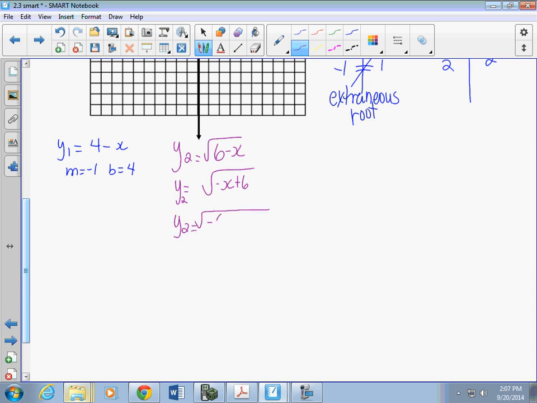So that becomes negative times x minus 6. It would be no different than if I had 2x plus 6, I'd have to factor out the 2 to get 2 times x plus 3. So if I take a look at this, my a value is equal to 1. My b value is equal to negative 1, so that means it's going to reflect. It's affecting the x value, so it's going to reflect in the y-axis. h is equal to 6, and my k is equal to 0.